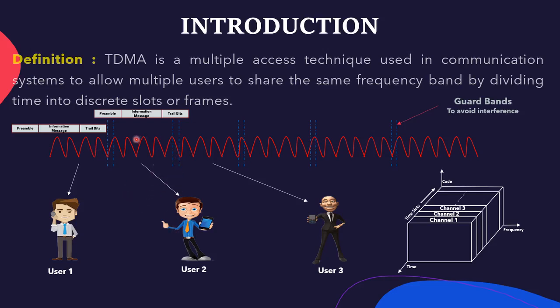Once the time frame for user 2 is complete, then it will pass to the third user. In the next slide, I will present in detail what information is included in the time frame. We have preamble, information message, and trail bits. I will explain it further in the slide after this.